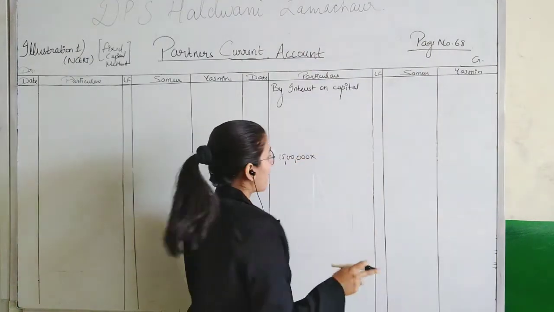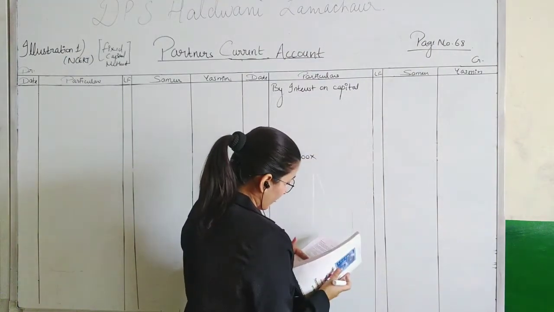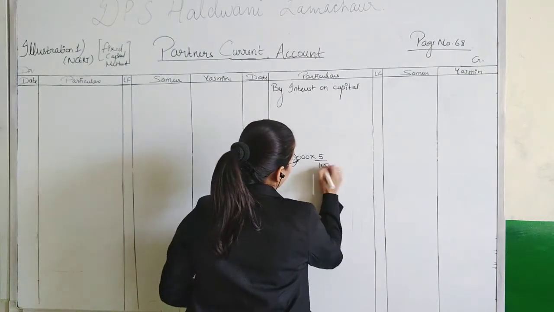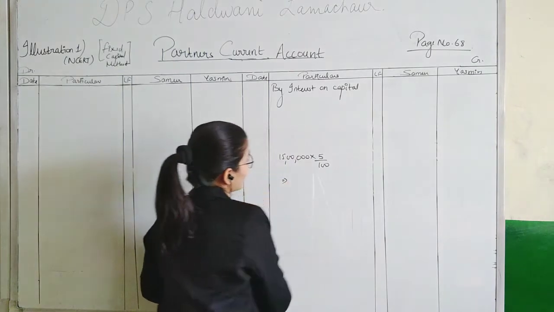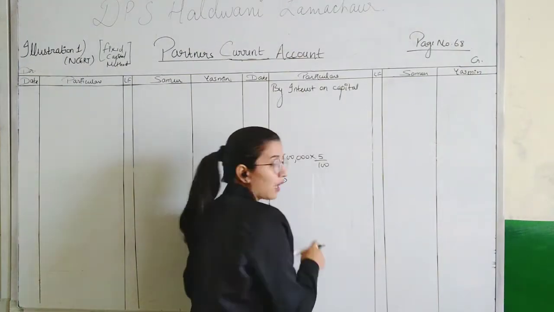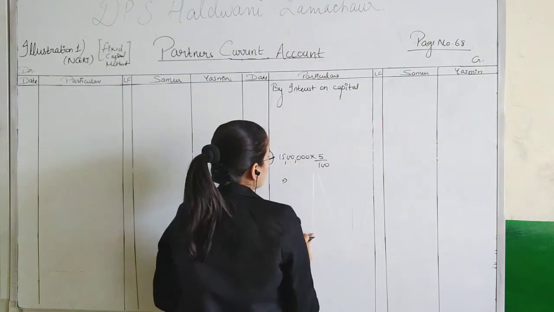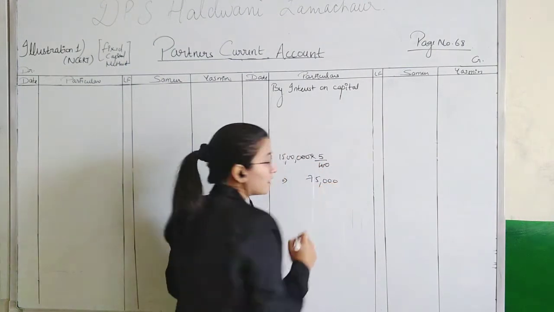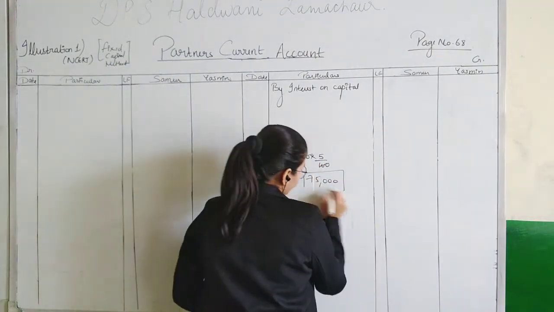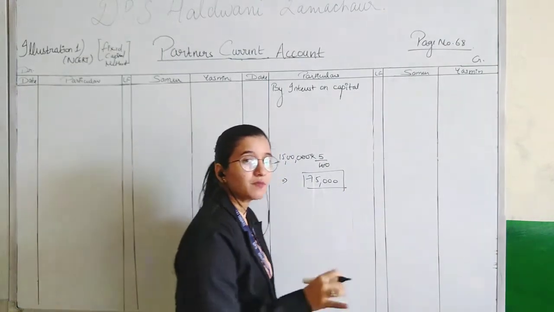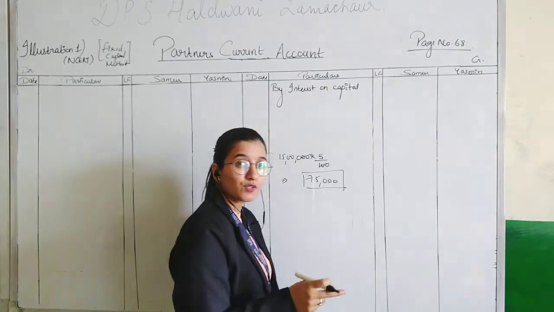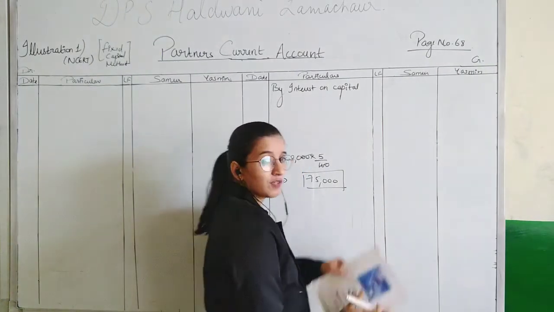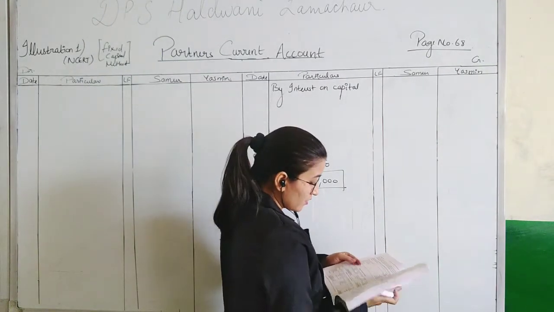The rate of interest on capital allowed is 5%. So the interest on capital allowed to Sameer for the whole year will be 75,000. But Sameer has brought in additional capital also on 1st July. The additional capital was amounting to rupees 3 lakh.